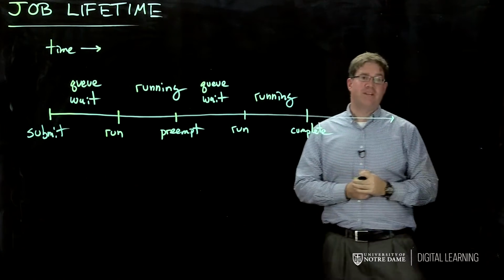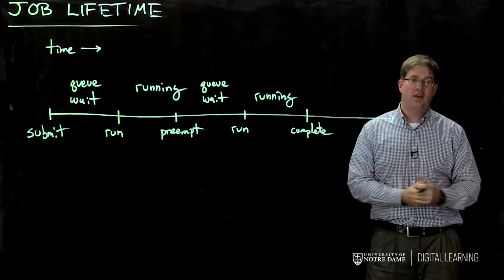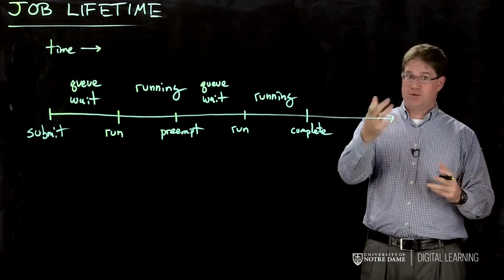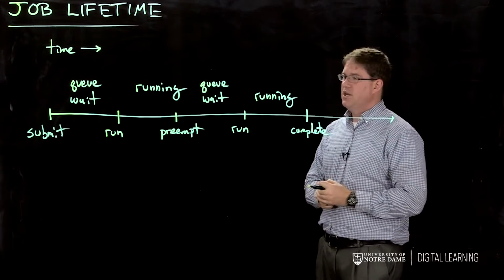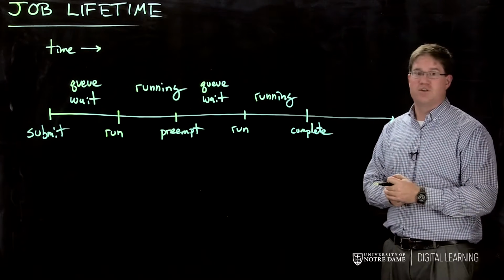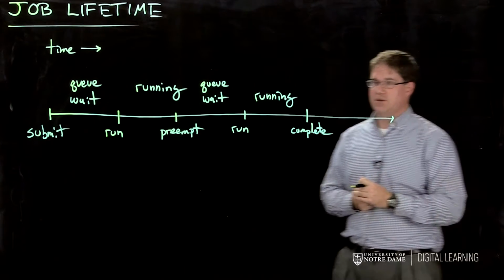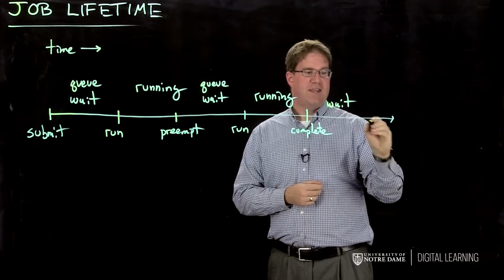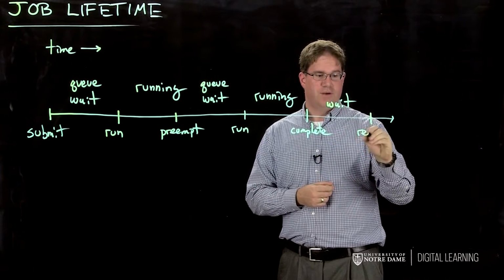And when a batch job completes, we can't just throw it away. We need a way of informing the user that it is complete and giving them an opportunity to see that it is complete. And so the job will typically wait in the queue in a completion state for a certain amount of time until the user recovers it. So we have more wait time here. And then at some point, the user will remove it.